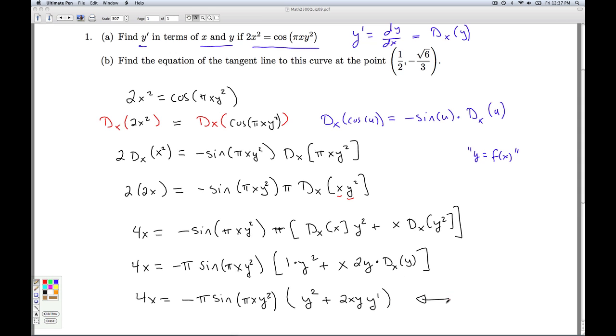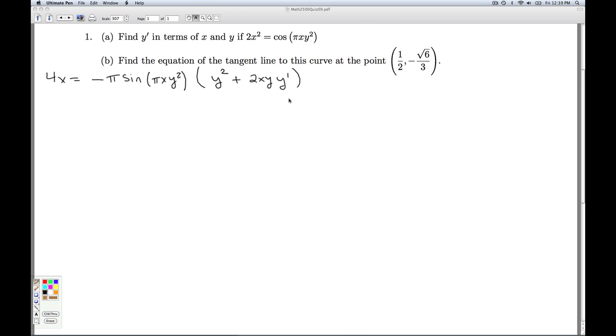So at this point, the calculus is done. Now we need to settle the algebra, which means we have to solve for y prime. So in solving for y prime, we can distribute this mess through.